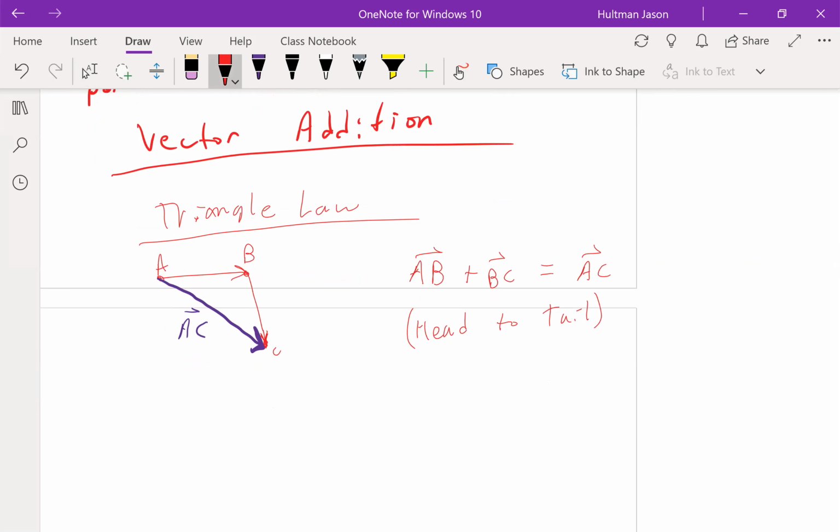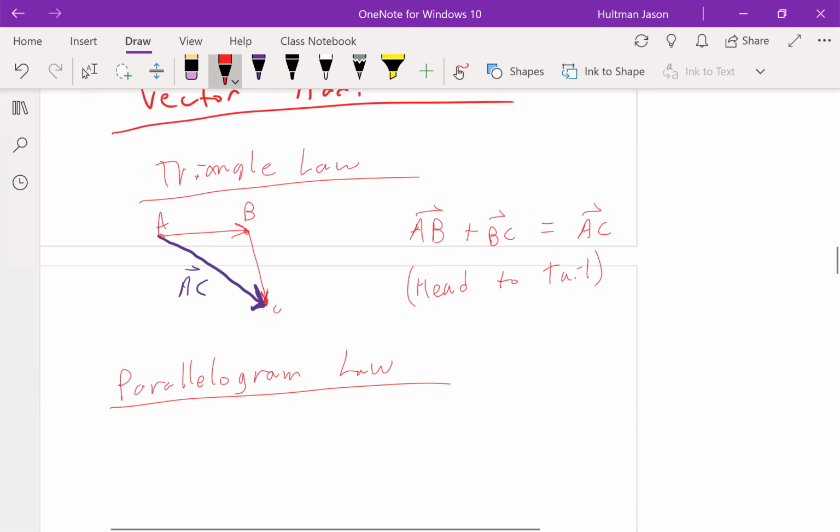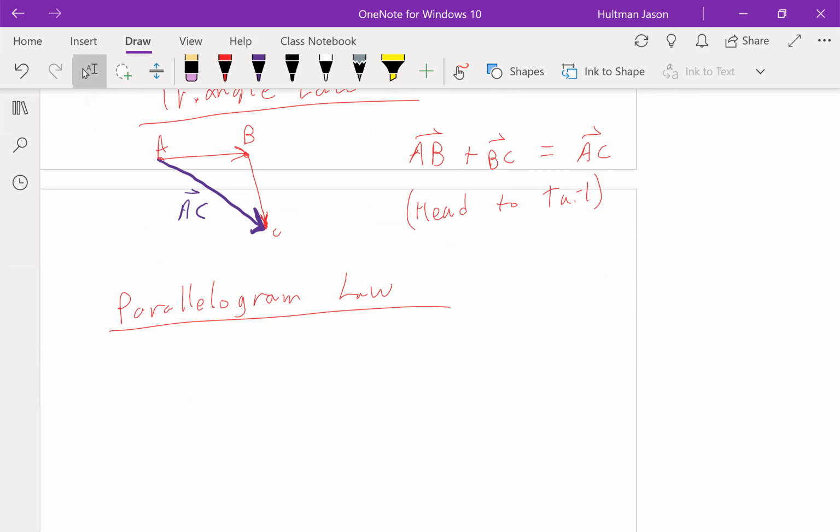Then there's the parallelogram law. Let's draw the picture first.